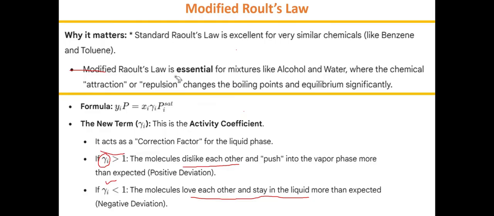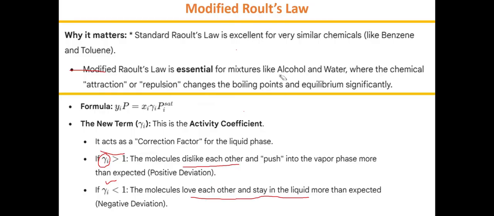Modified Raoult's law is essential for mixtures like alcohol and water. They are totally different, where the chemical attraction and repulsion change the boiling points and equilibrium significantly. So what does that mean? When we mix chemicals with a very low difference in boiling point, there is no significant impact on the chemical properties of the mixture, so we can use standard Raoult's law.